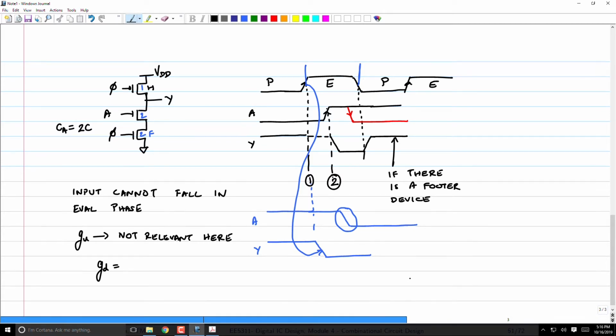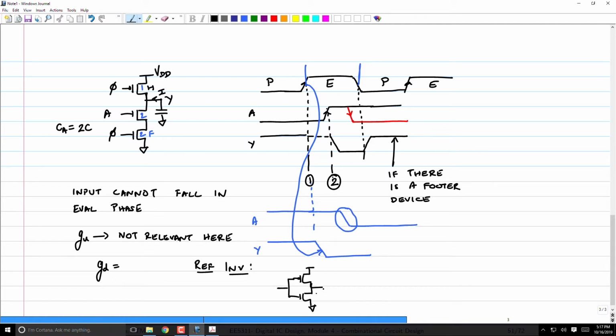How do I construct the reference inverter for pull-down logical effort? If I have a capacitor here, what is the current coming out of the load capacitor during discharge? I. And therefore, I have to look at an inverter which can provide the same current.